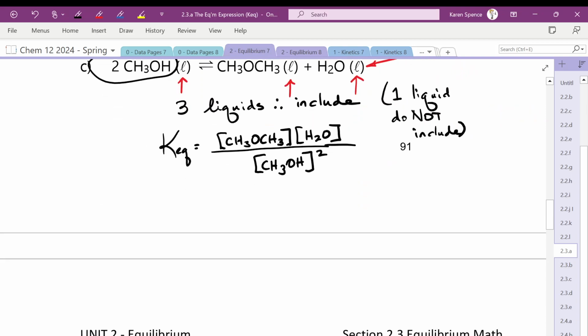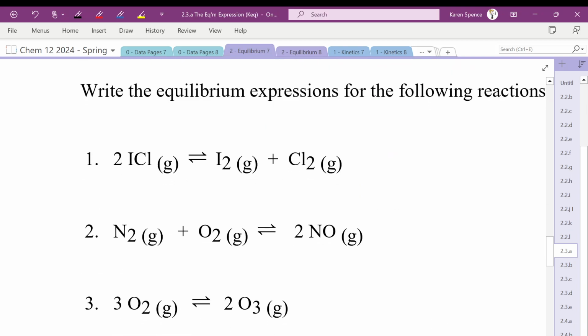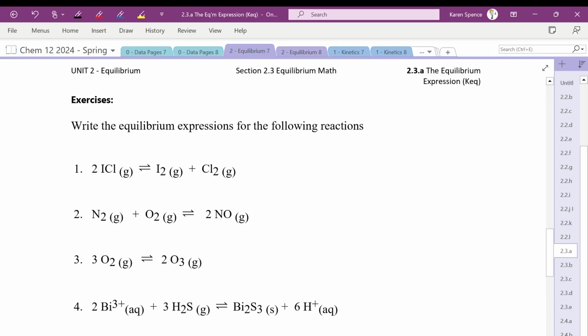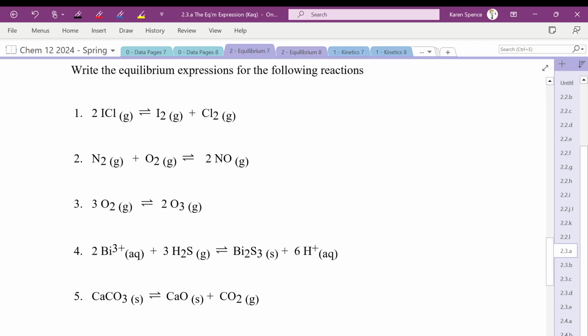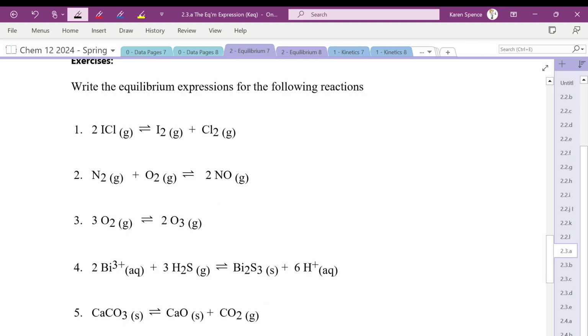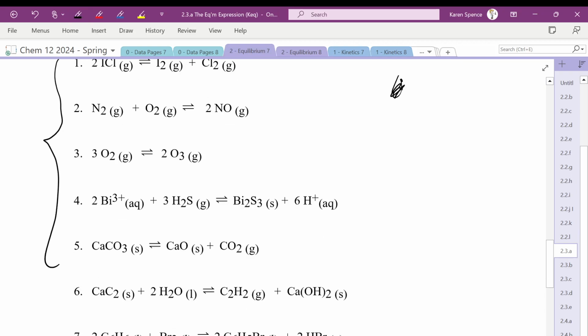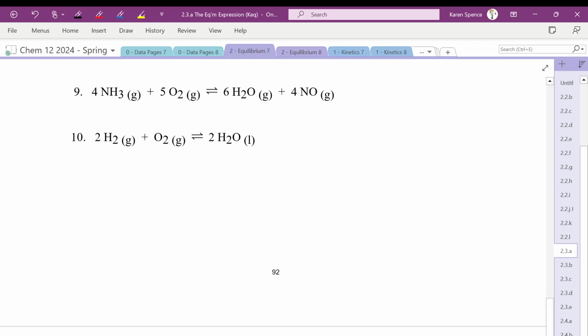All right, so those are your examples. Why don't you guys try the first, like, 5? And then once you're done the first 5, you can work on 2.2H and 2.2I. So this is page 92.